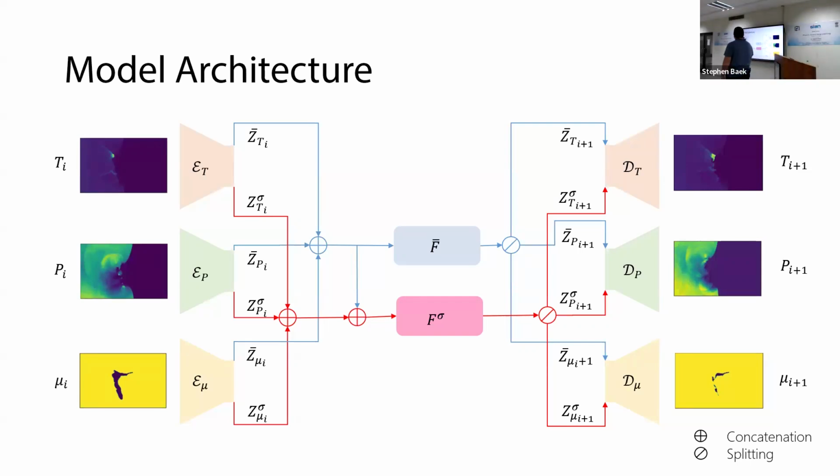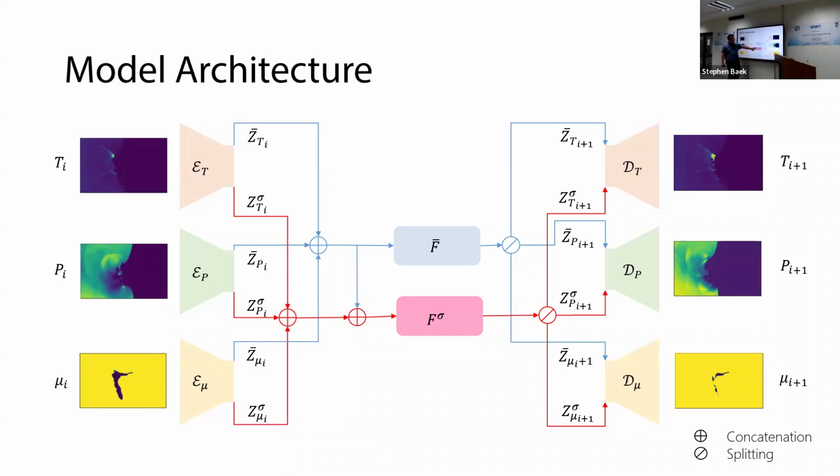There's a lot going on, but in terms of what's happening, we have the temperature encoder, pressure encoder, and the microstructure encoder. Each encoder will spit out the mean and the standard deviation of the latent representation. Those basically go into F bar and F sigma.